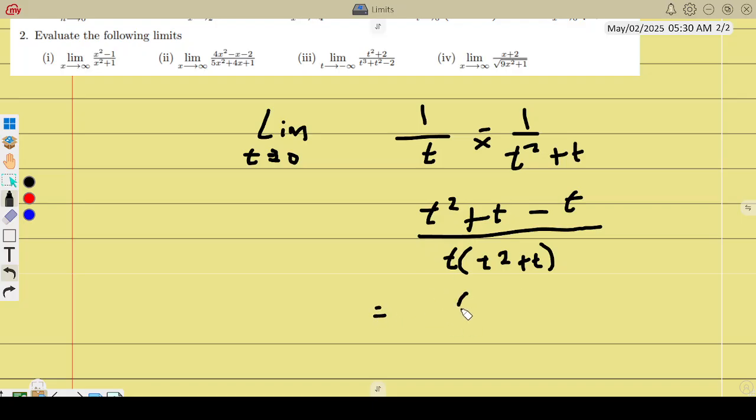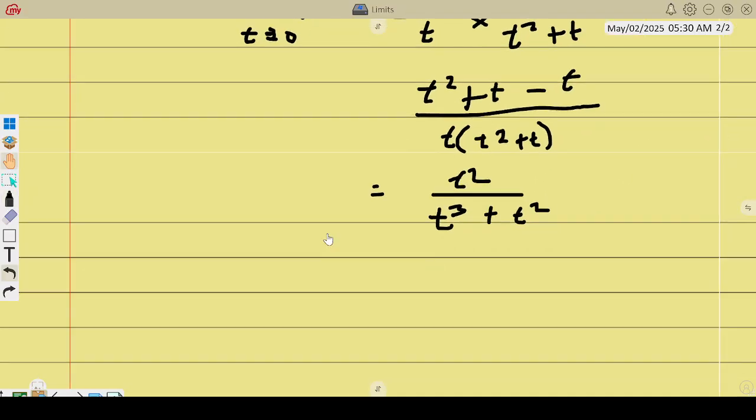At this point you can see t minus t is 0. It has cancelled. So we have a t squared over, so we can open the brackets. We're going to have t cubed plus t squared. t times t squared, t power 3. t times t, t power 2.